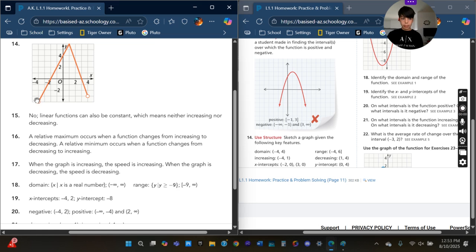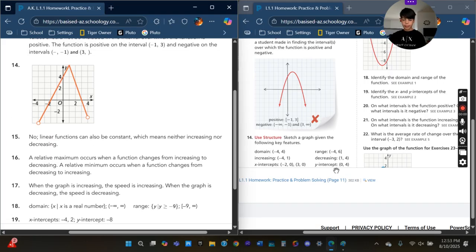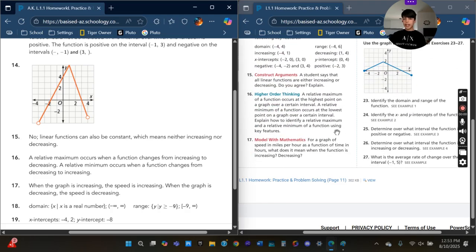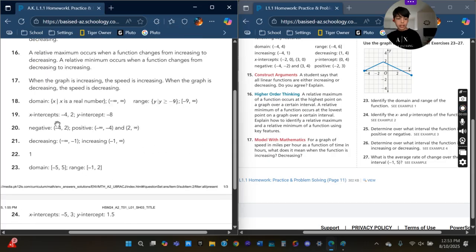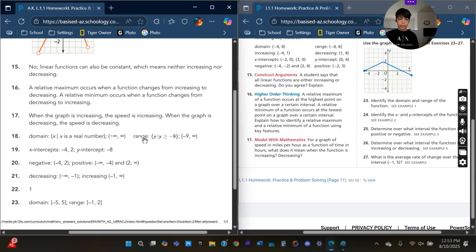This would be the relative minimum, because it starts increasing from here. And then the top is the relative maximum, because then it starts decreasing down. So that would be your answer. A relative maximum is when it goes from increasing to decreasing, and a relative minimum is when it goes from decreasing to increasing. So that would be your answer for 16.